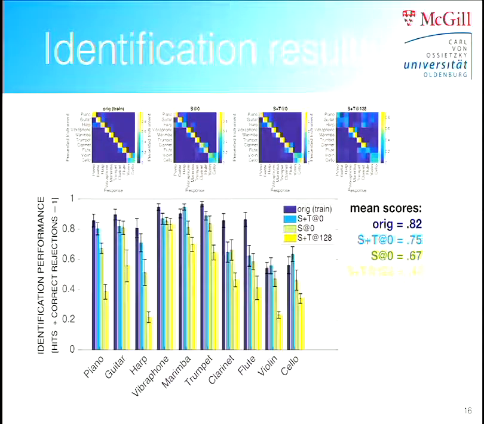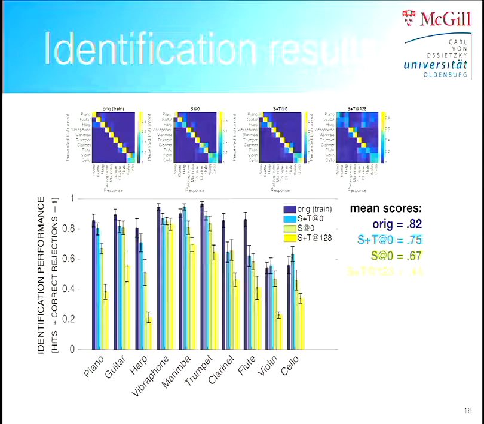Here are the results. On top you see the confusion matrices, and these are summarized below as a score of identification performance. In blue you see the original training performance, so the performance on the original training sounds.